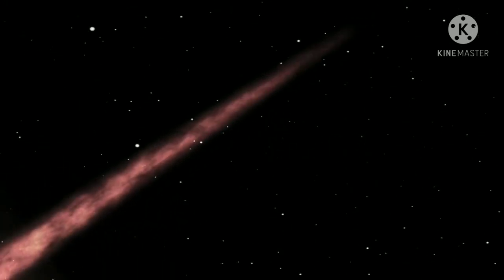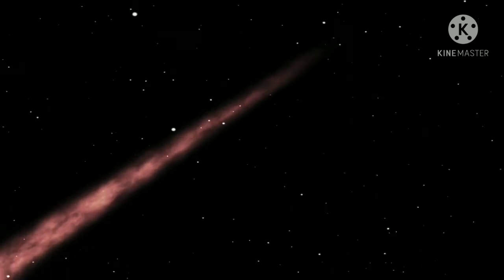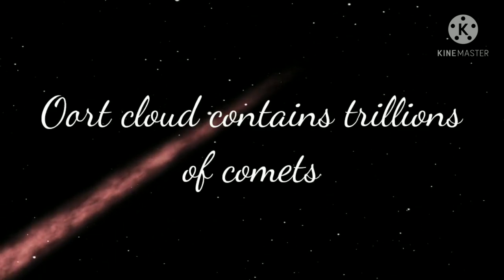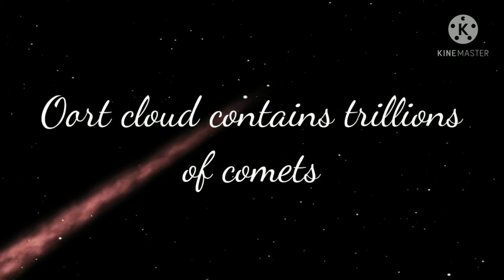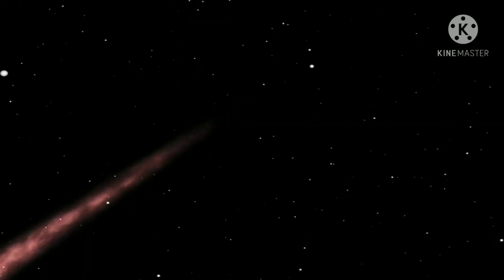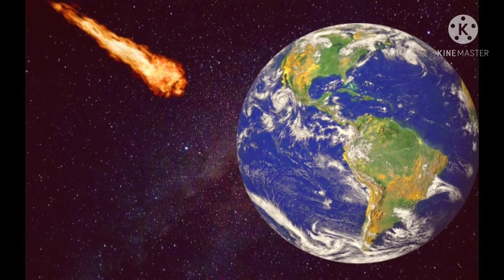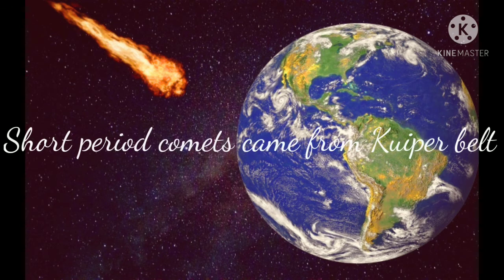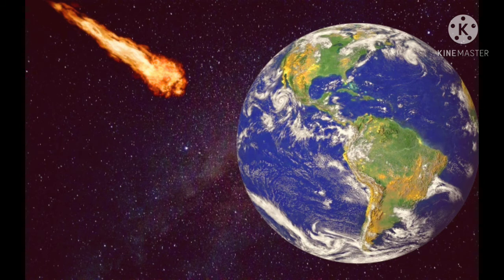It is known as the Oort cloud. According to statistics, it contains trillions of comets. However, the individual comets are small and far away, and we don't have direct evidence of the existence of the Oort cloud. It is believed that short-period comets originally come from the Kuiper Belt, a disk-shaped region that extends beyond Neptune.